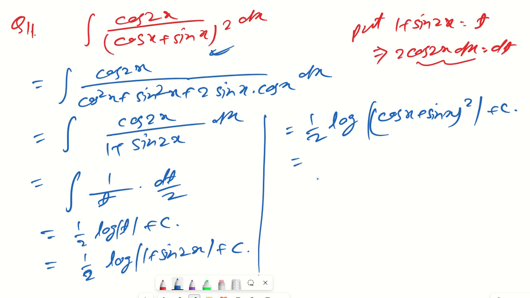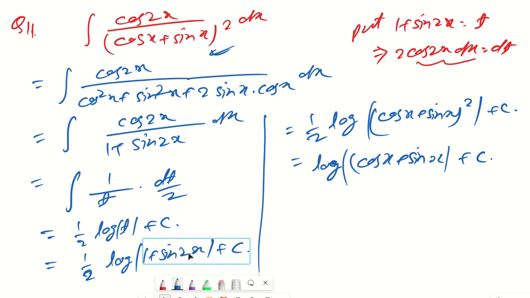Now this 1 by 2 can be taken into the power, so the 2 gets cancelled. So simply it is going to be log of mod of cos x plus sin x plus some constant c. What we achieve here is log of cos x plus sin x, which looks a little easier compared to log of 1 plus sin 2x. It is the simplified form of this particular scenario.